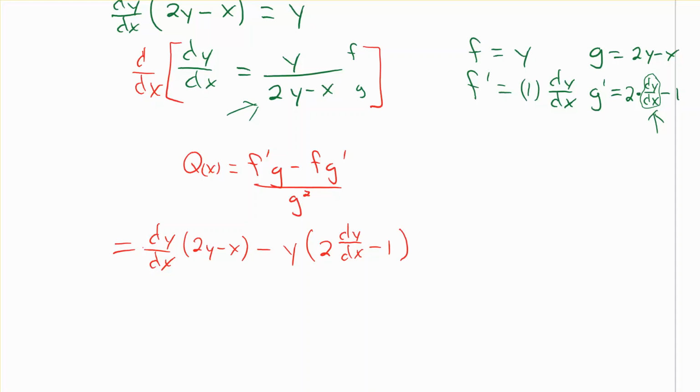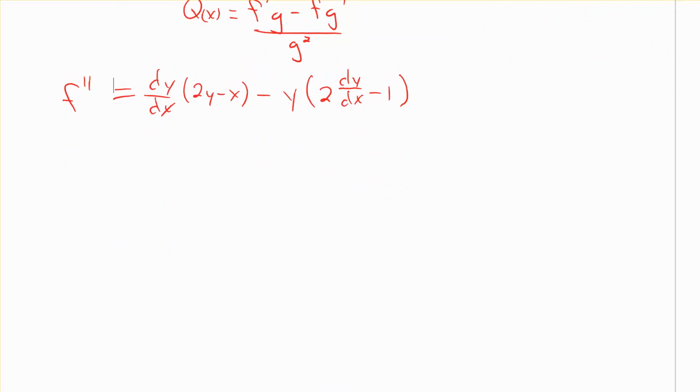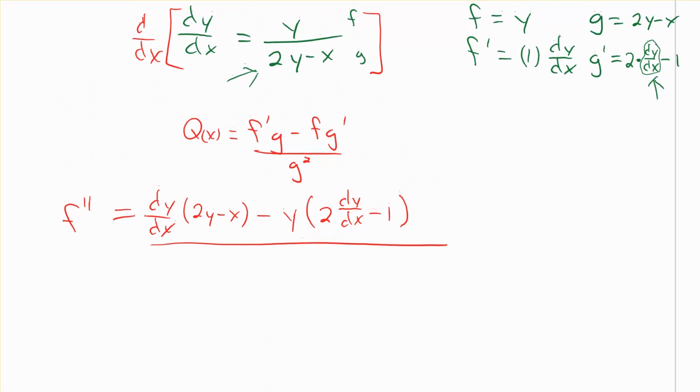And this is all going to be equal to our second derivative f double prime, and it is all over g squared, (2y minus x) squared. All right.